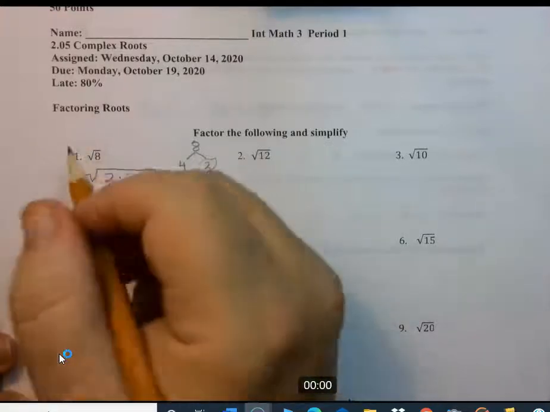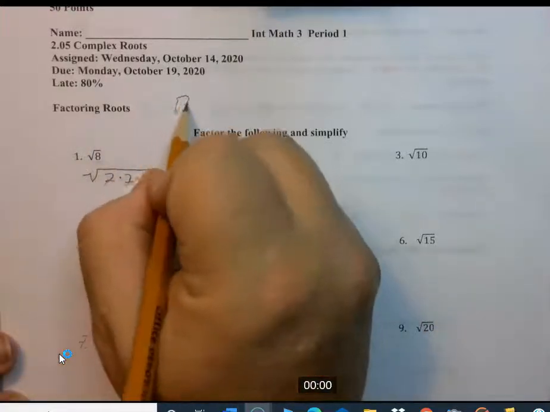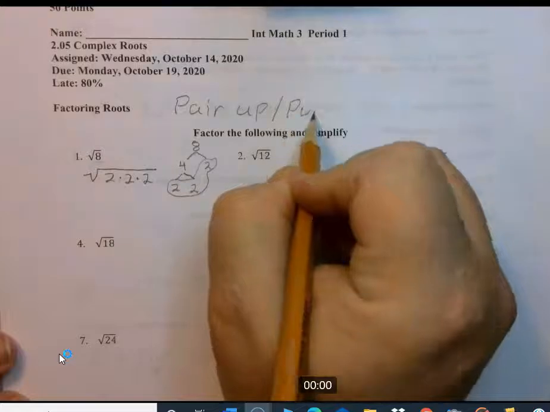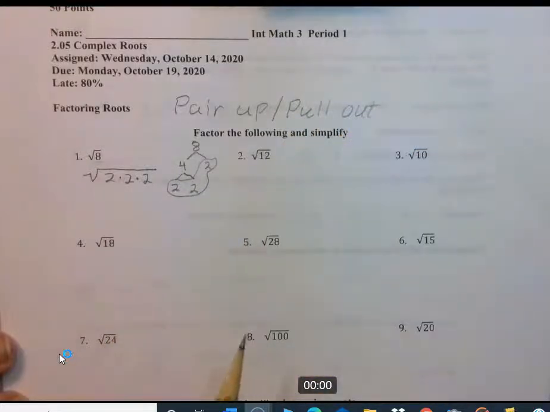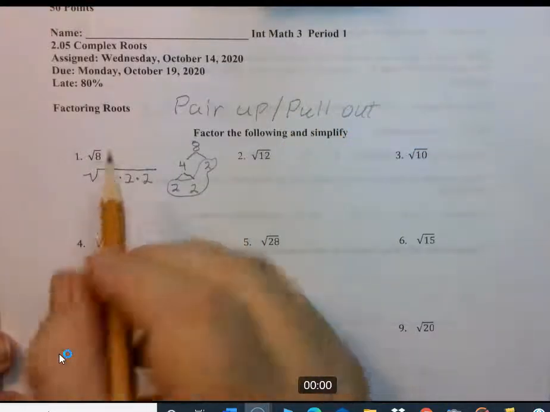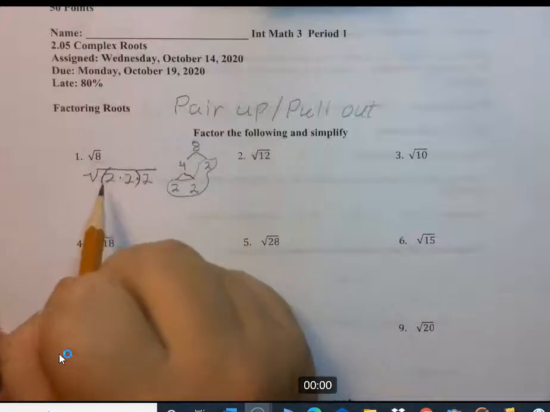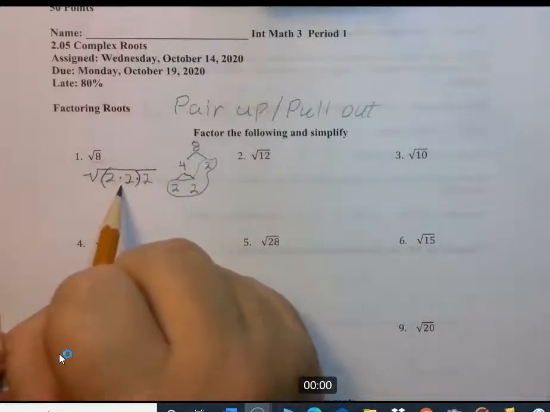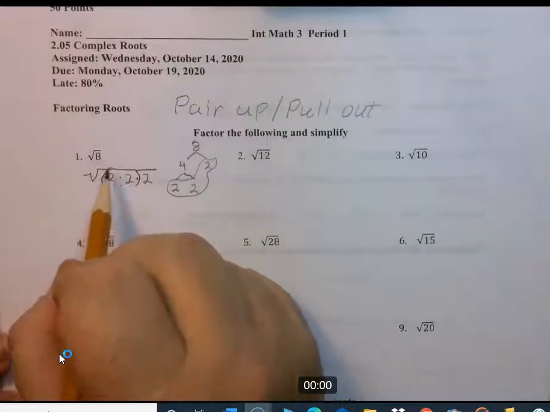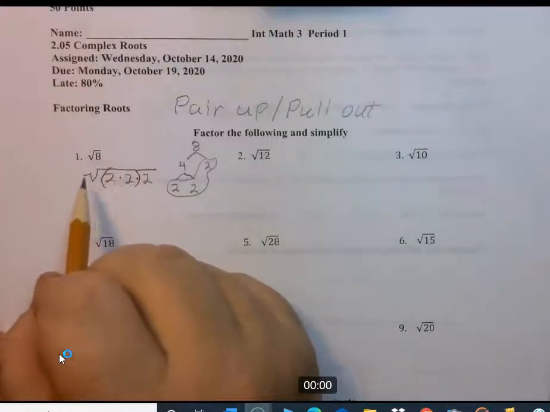And the idea here, there's an expression I use: pair up, pull out. So you pair up any of these that you can. You can take 2 of the 2's and pair them up. When you pair those 2's up, 2 times 2 is 4. Now you have a number that's a perfect square. So now you can take the square root of that number 4 and it becomes 2.